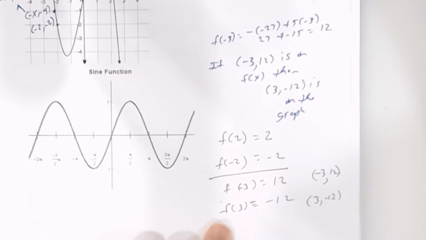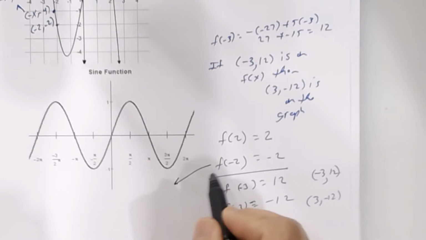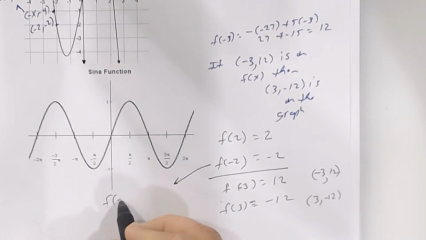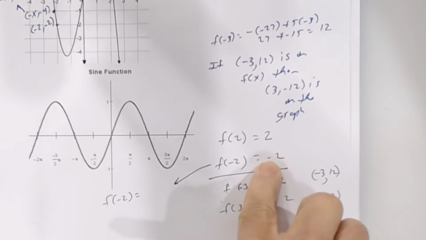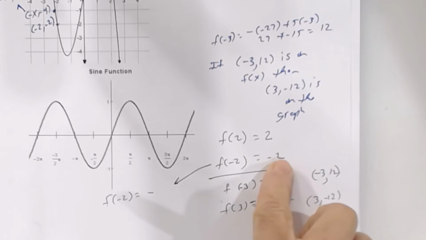So then I want to ask you this. Right here, let's go to this one where I had f of negative 2. Do y'all agree? Now look at the notation. Do y'all agree that f of negative 2 is the same as negative, and then 2?